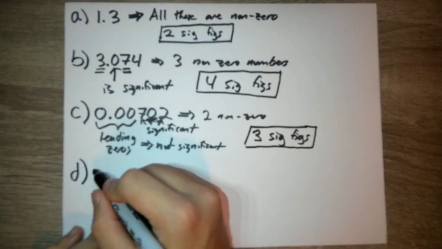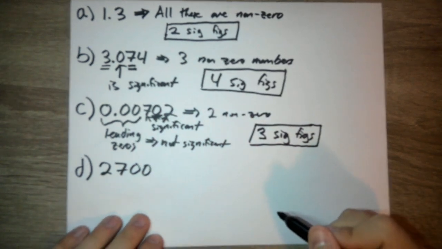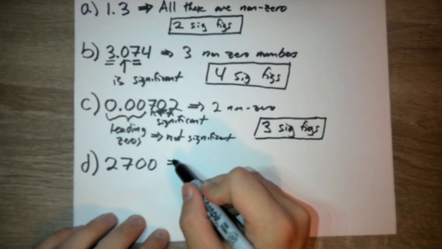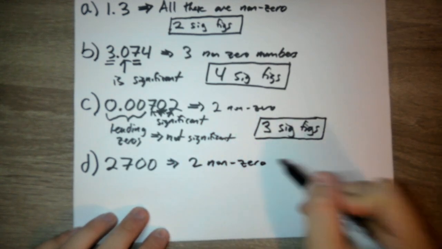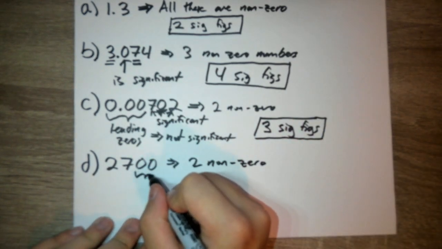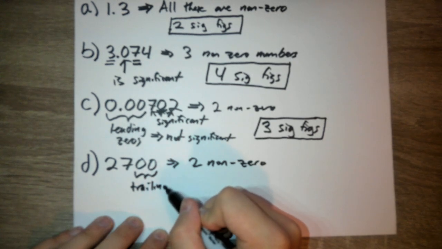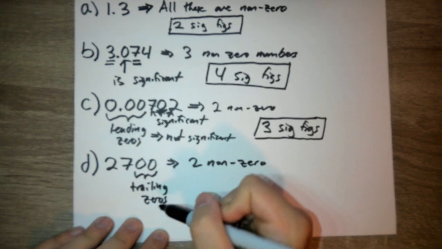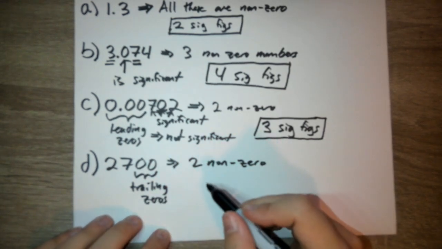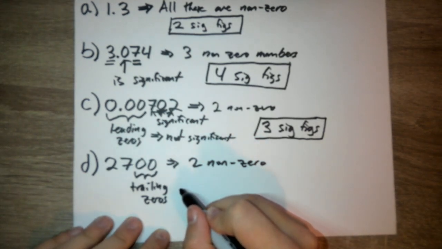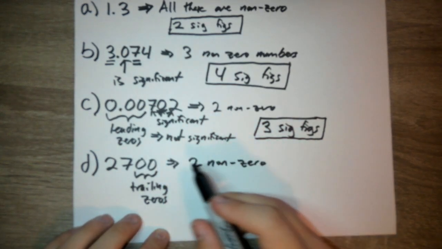All right, D. 2,700. So we've got 2 non-zero numbers again. And now we've got 2 zeros. And these are trailing zeros. So remember, the rule is if you've got trailing zeros, you need to determine whether it's an integer number or if it's a decimal number.